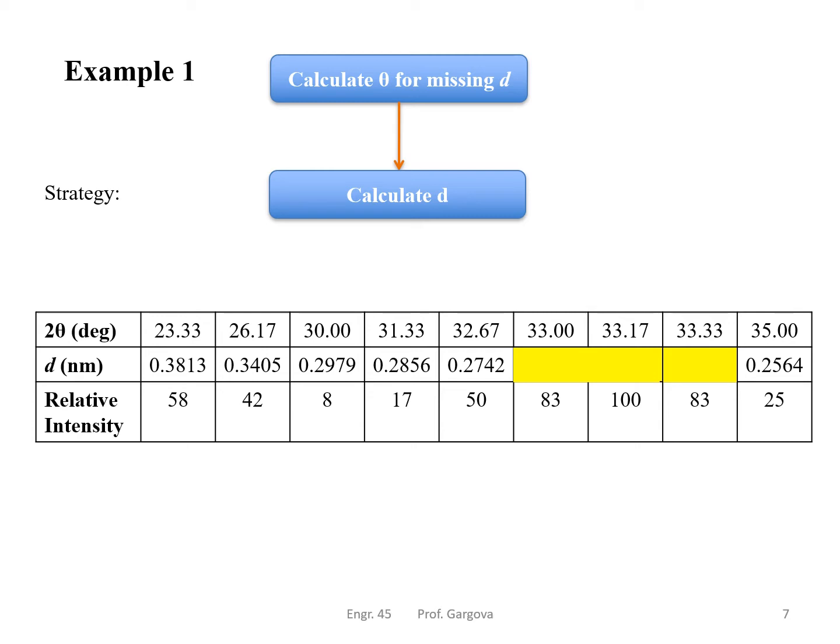33.17, and 33.33. So we can use D equals lambda over 2 sine theta, where lambda in this case is 0.1542. We know that this is the wavelength that's used, and we have these 2 thetas, so we need to account for just theta.